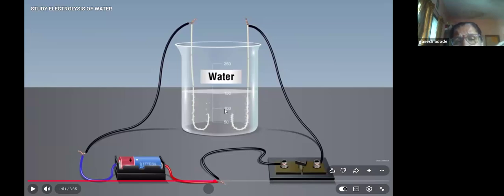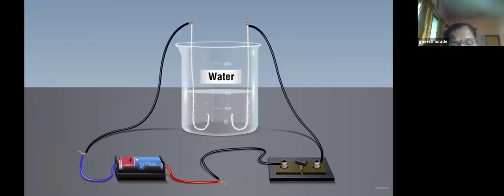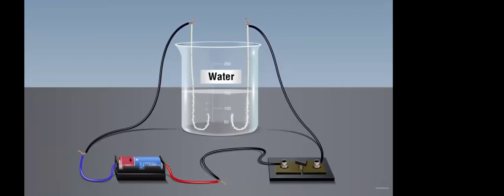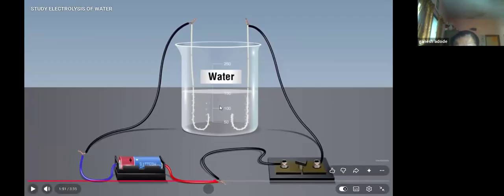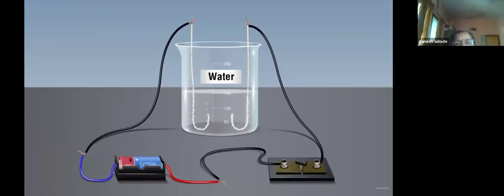In this solution there is a presence of cations and anions. As 10th standard students, you are familiar with them. Positively charged ions are known as cations, while negatively charged ions are known as anions.